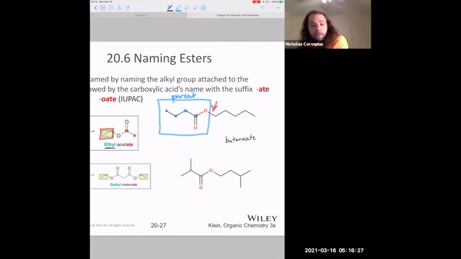Okay, that takes care of the parent half. Now I'm going to look at the substituent half, which is everything else. And that consists of 1, 2, 3, 4, 5 carbons, meaning that this is pentyl butanoate, 2 separate words.